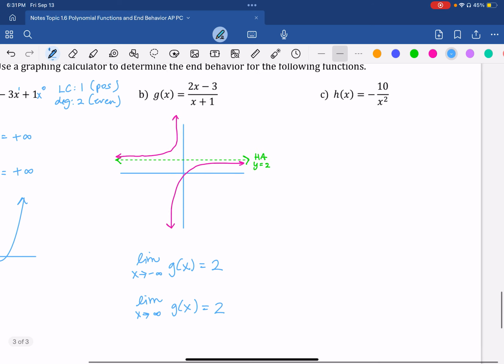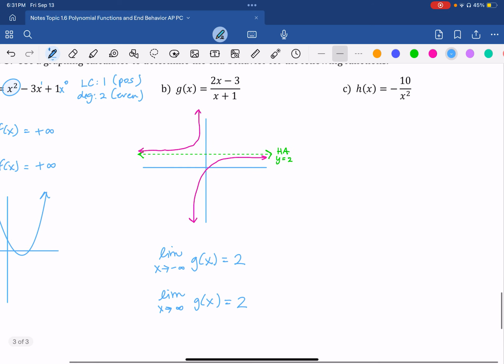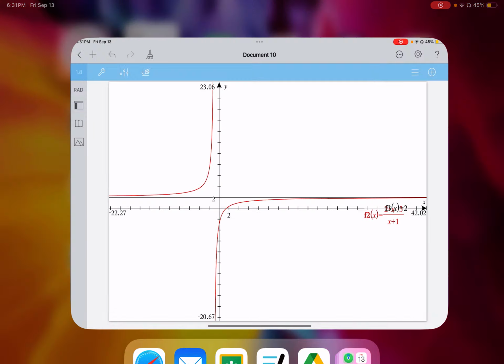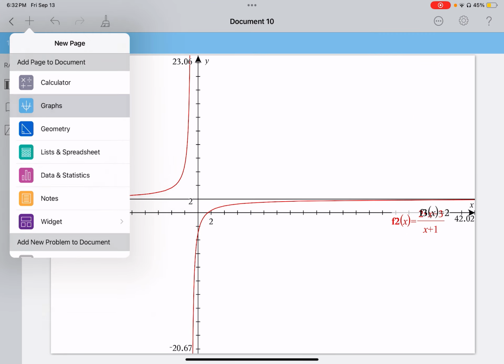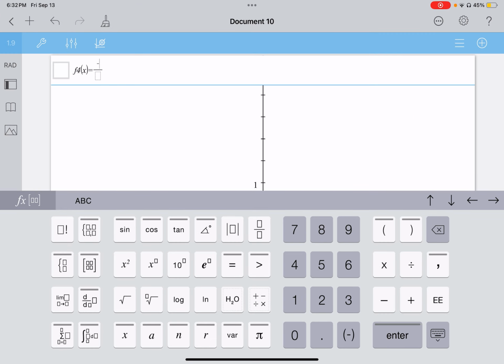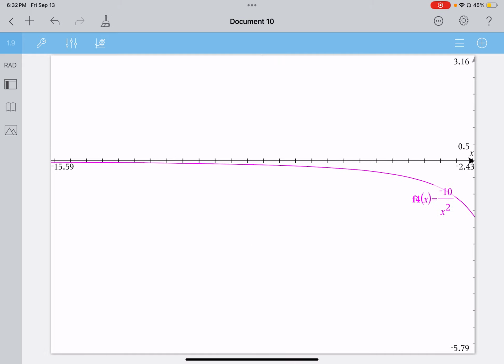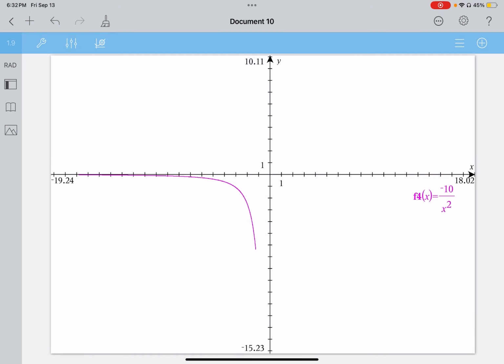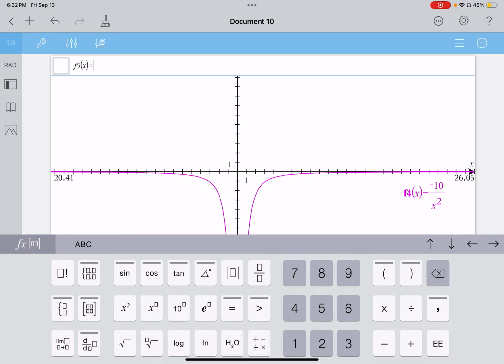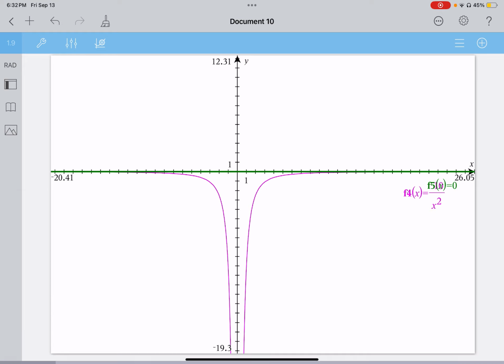Let's do letter C. We have negative 10 over x squared. Let's go ahead and graph it and see what that one looks like. Negative 10 divided by x squared, and it looks like this. Now you can see there's a horizontal asymptote at 0. I can go ahead and graph 0 if you want, so you can see it.